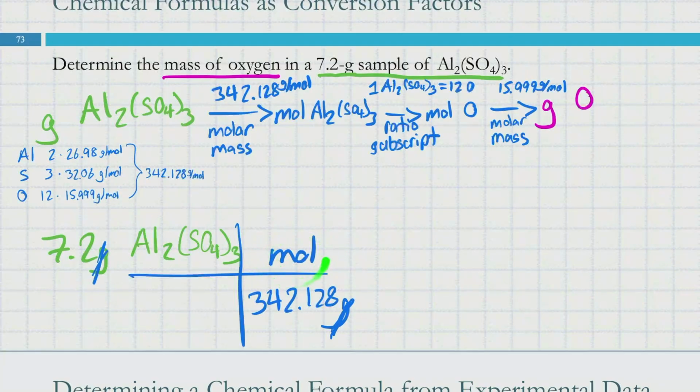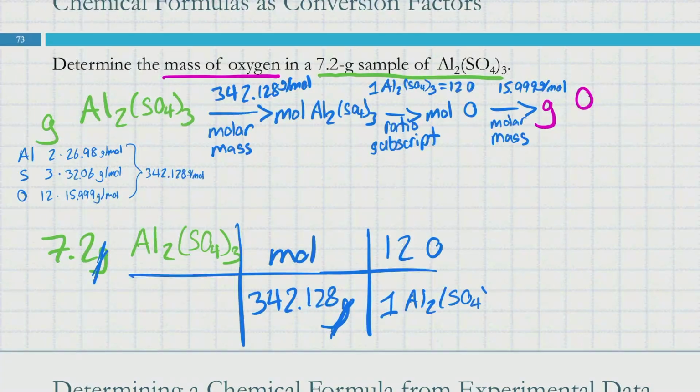Leftover units at this step, moles aluminum sulfate, which is right where we want to be according to our solution map. Then we can convert our chemical unit. So we can convert from aluminum sulfate to oxygen. We have aluminum sulfate on the top, so we need to put the 1 aluminum sulfate part on the bottom. Another way we can think of this is that we're getting 12 oxygens out for every 1 aluminum sulfate that we put into our little molecule or our formula unit smashing machine.